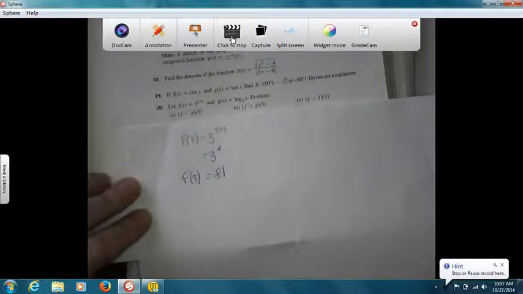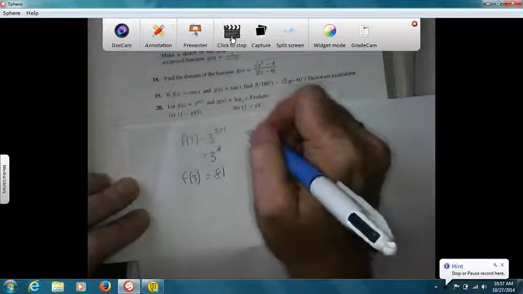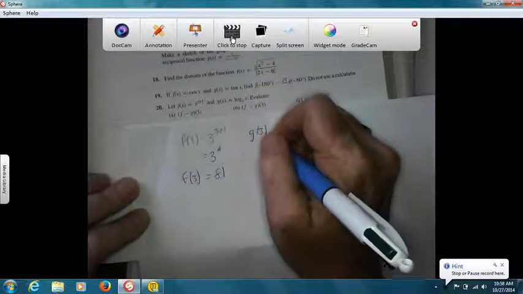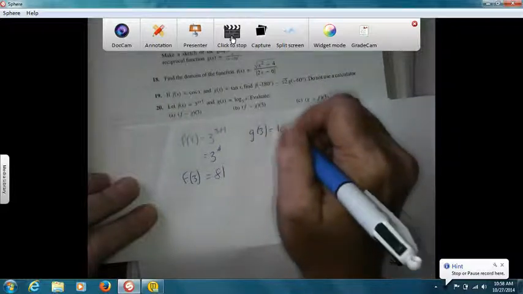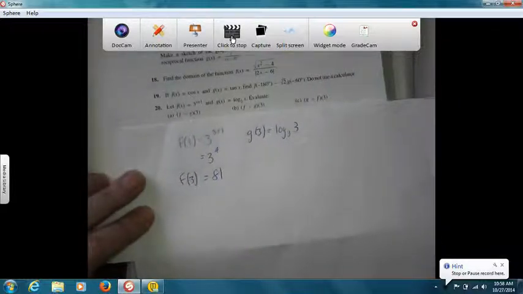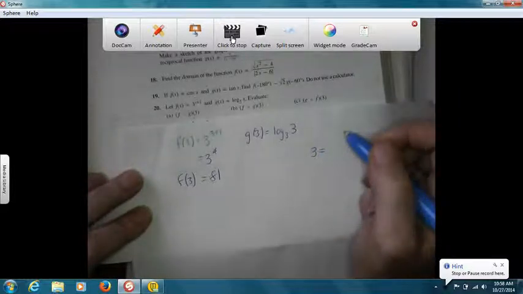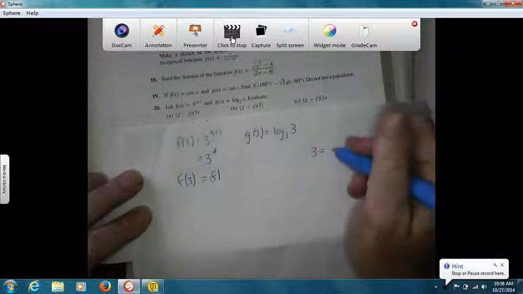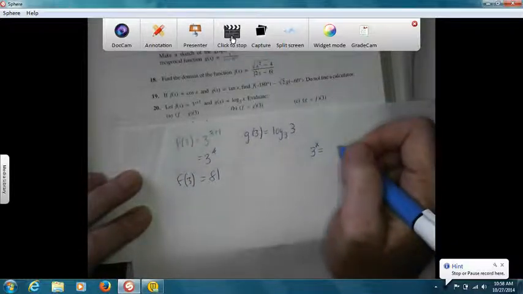And then let's find out what g of 3 is. G of 3 equals log base 3 of 3. Well, log base 3 of 3, you can write that in exponential form: 3 to the x equals 3.